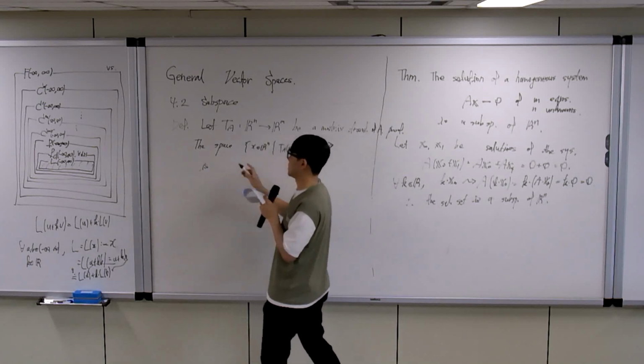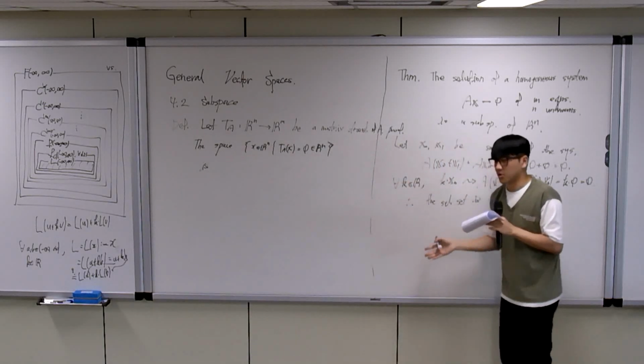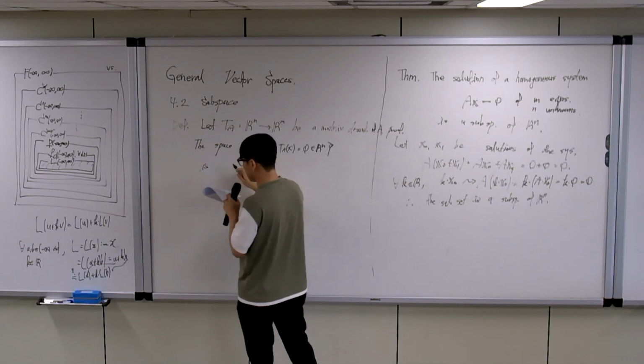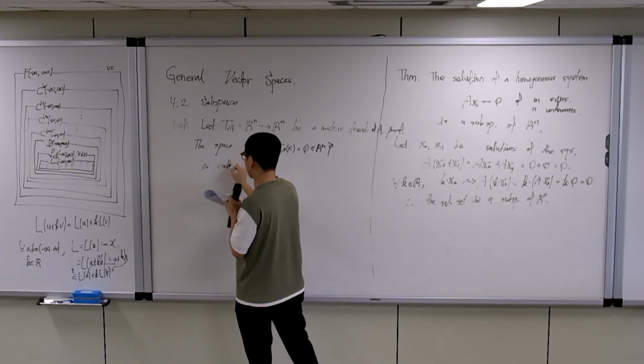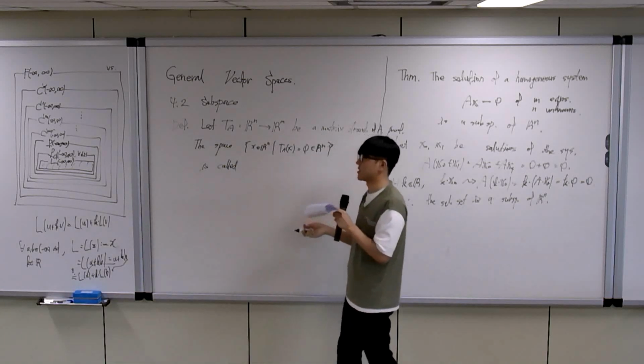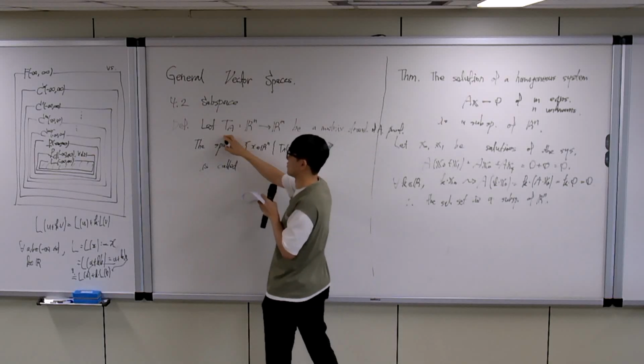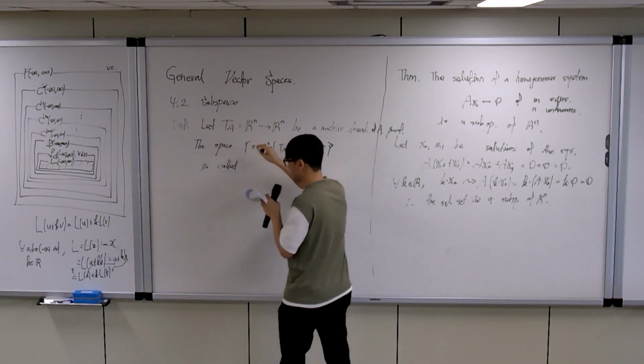And so it will be a vector subspace in R to the N, and that means it has a speciality. It is the special set for the linear transformation T sub A.